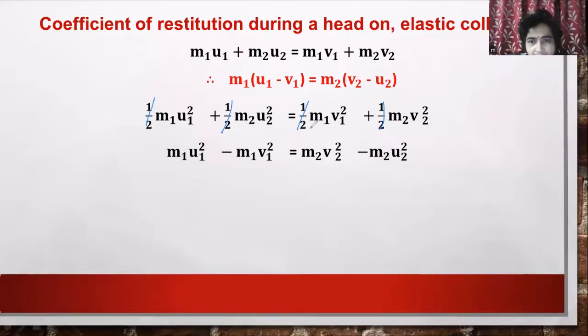This term m1 v1 square, when we go to left side, will become negative, and this, when we go to right side, will become negative. Okay, so m1 u1 square minus m1 v1 square will be equal to m2 v2 square minus m2 u2 square.